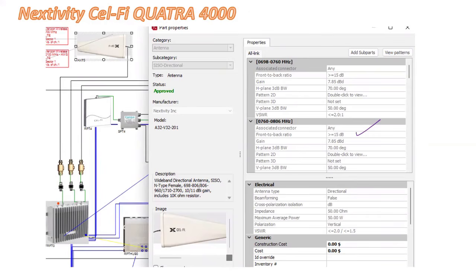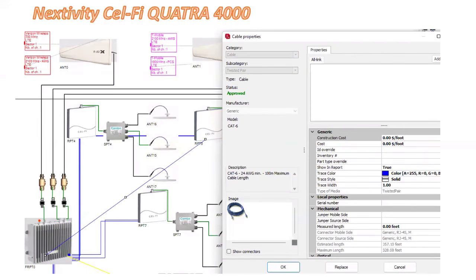The donor antenna they are using here is the Nextivity antenna and it is a directional antenna. The parameters you can see here: its gain is 7.85 dB and the frequency it can support is written here, right? And we should take care of the beam width. Its horizontal beam width is 70 degrees and vertical beam width is 15 degrees, right? And we should also take care of the cable. The cable length, as I said, can be a maximum of 100 meters.